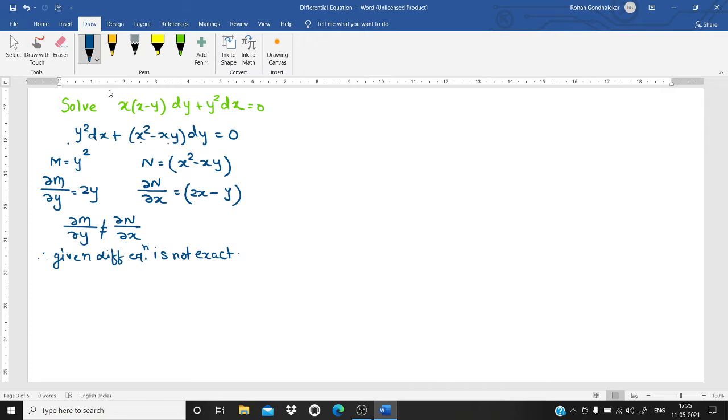The degree of x is 1, y is 1, so x into y, the total degree becomes 1 plus 1, 2. So in all the terms, the degree is 2. So hence, the given differential equation is homogeneous.